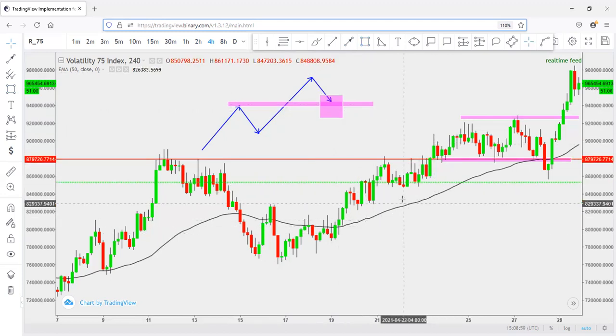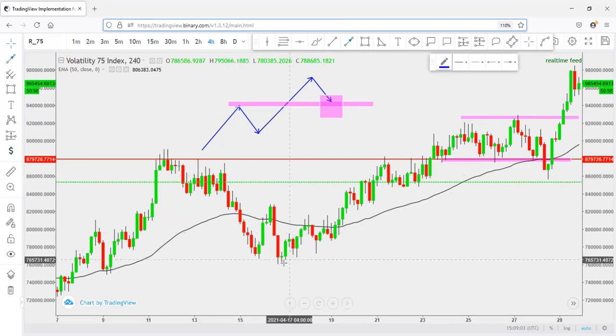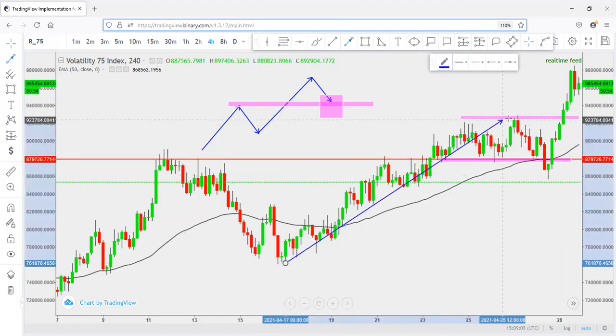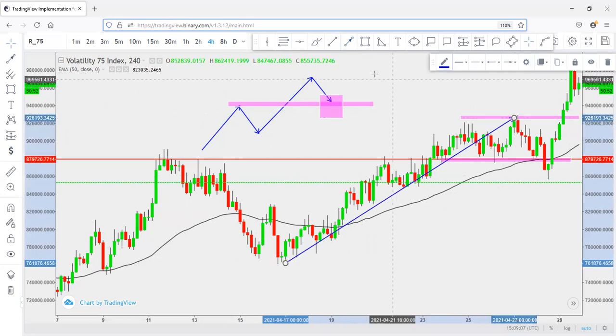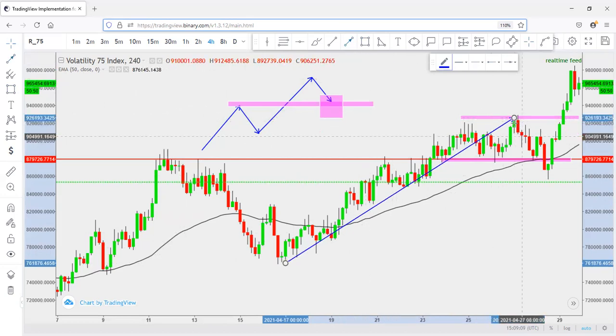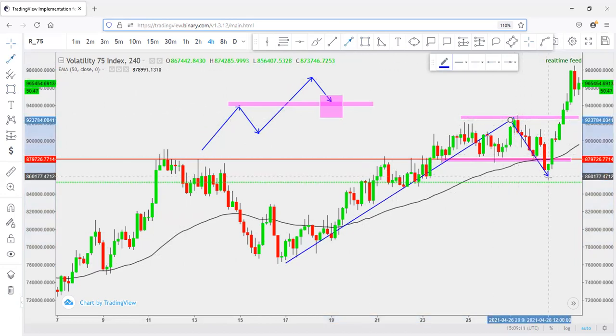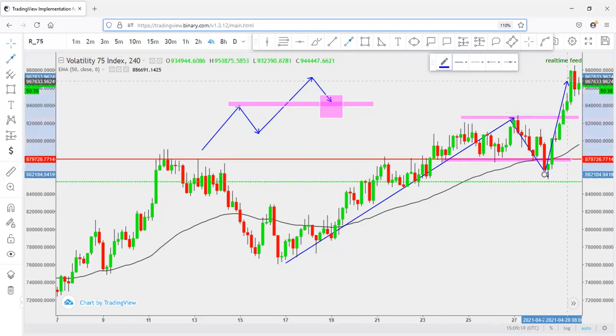So according to this trend right here where we are, we can see price pushed all the way, giving us this higher high here, then pushed to the downside, giving us this lowest low here, then gave us this morning star and pushed all the way to the upside. Now we have this highest high here.